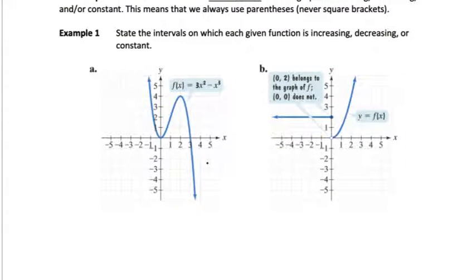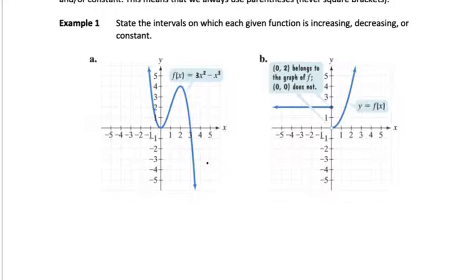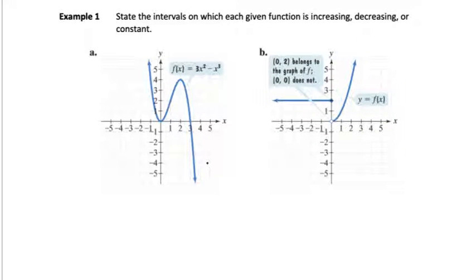So example 1 says to state the intervals on which each given function is increasing, decreasing, or constant. And the homework in MyLab Math is going to break this up into 3 parts. You're going to have to identify increasing, identify decreasing, and identify constant if there are any intervals where that happens.